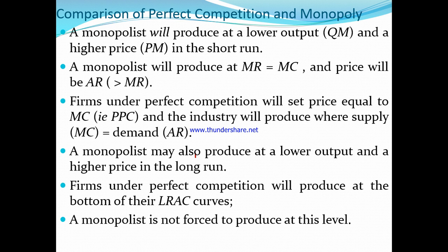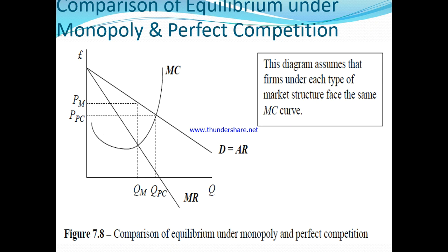But firms under perfect competition are forced to produce a huge quantity of output and sell it at a lower price, as long as that price is the one determined by the market. That's the primary difference between a monopoly and perfect competition.